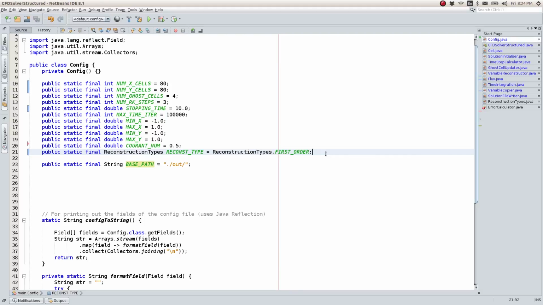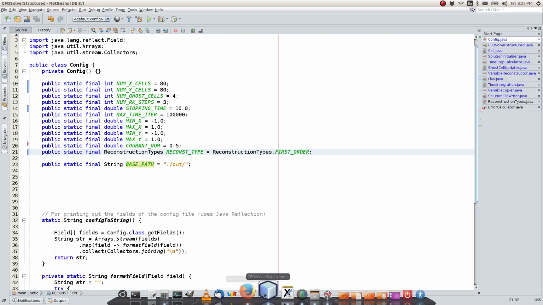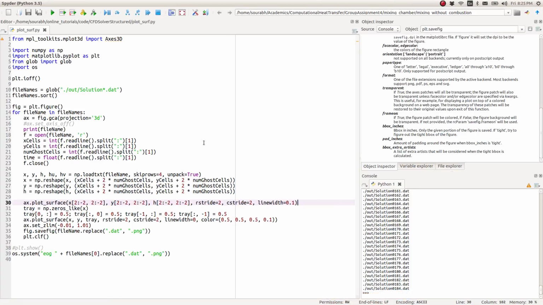Okay, so now we have a code capable of solving the shallow water system of equations, and we also have a plotting code, which was a 2-dimensional contour plot, but it does not look that good. It would be much better to have a surface plot.